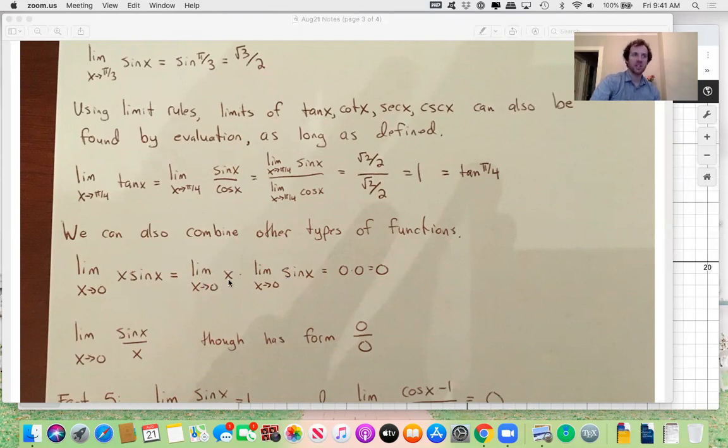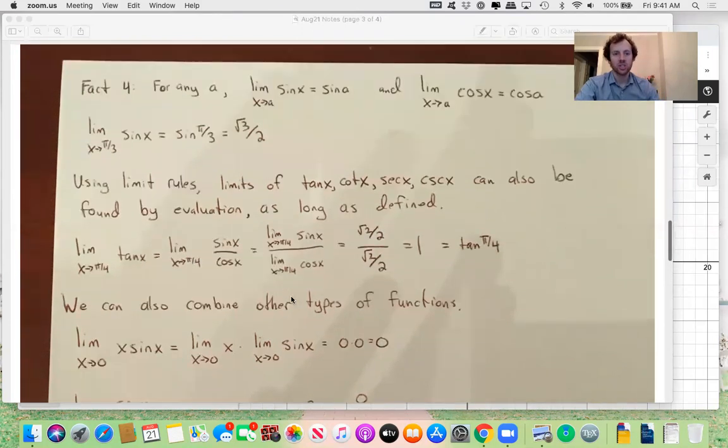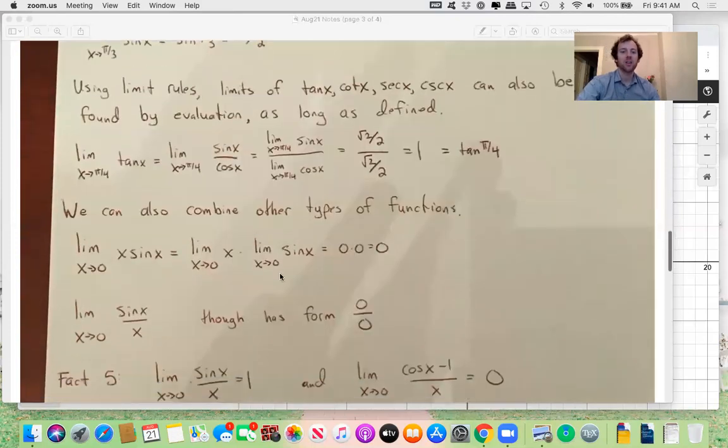The limit of x, that's a polynomial, so we can find that by evaluating. Sine, we just said, we can find that limit by evaluating. X at 0 is 0, sine at 0 is also 0, so those multiply to be 0. So not only can we do trig functions and polynomials, but we can do combinations of them. And if you're combining functions where you can find limits by evaluating, you can find the limit by evaluating.